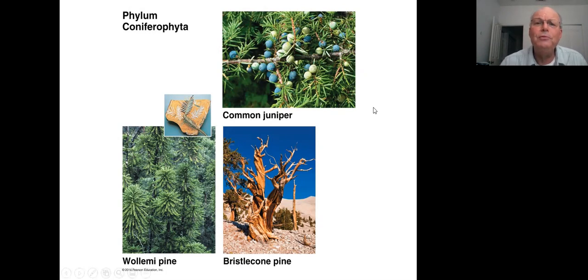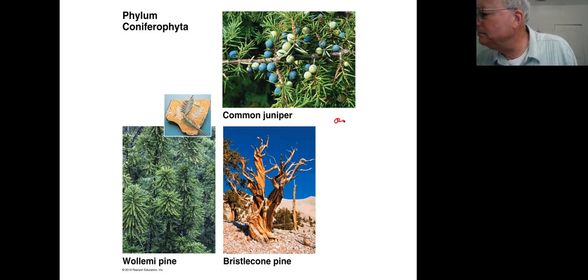Junipers are one of the few examples of a conifer that we actually eat. Another example, so another edible conifer is rosemary.